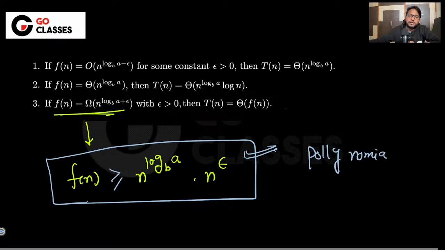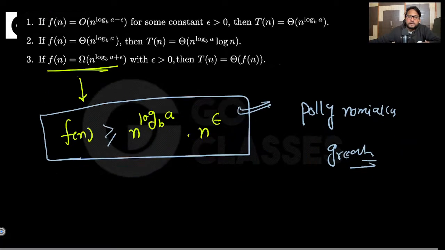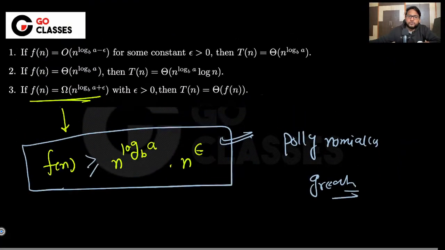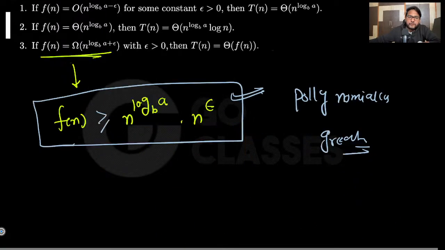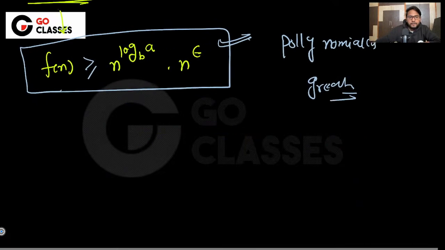Basically, if you compare 2 power n and n, is 2 power n polynomially greater than n?